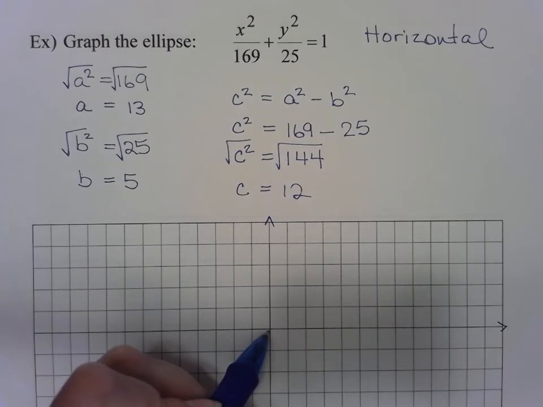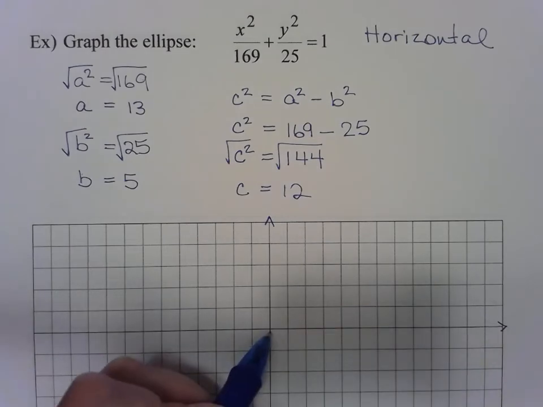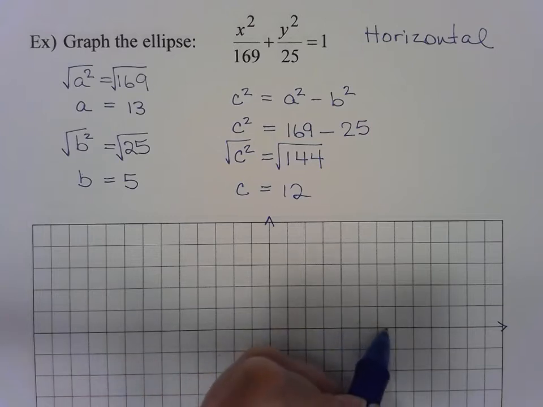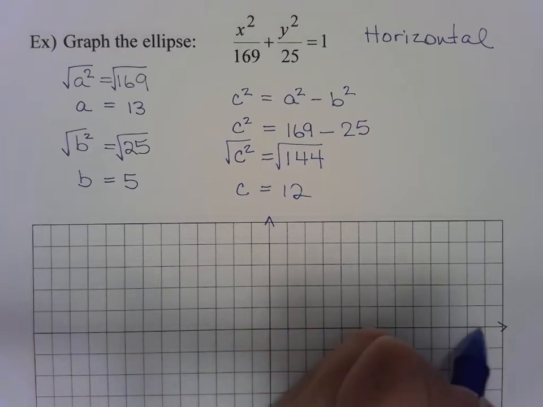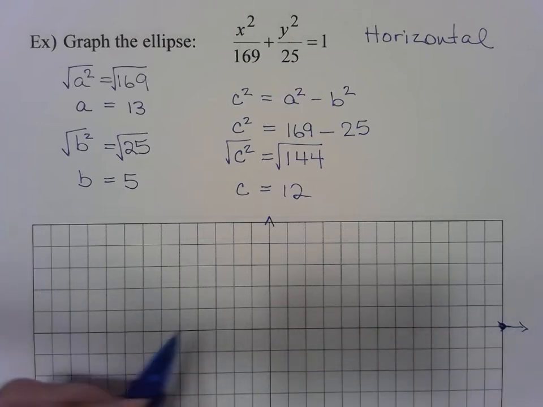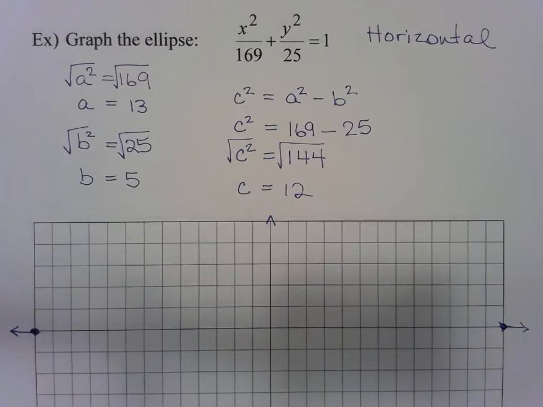We're going to measure 13 on the right and on the left from the center, 0, 0. So 9, 10, 11, 12, looks like it's all the way at the end. So 13 here. And then I'm sure I made it symmetric, so 13 on this side.